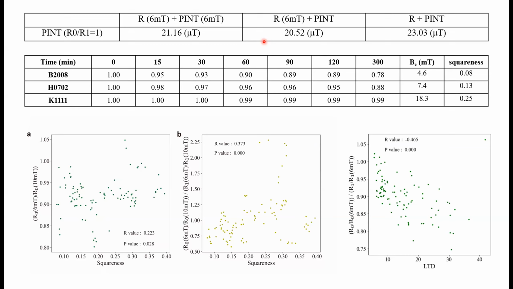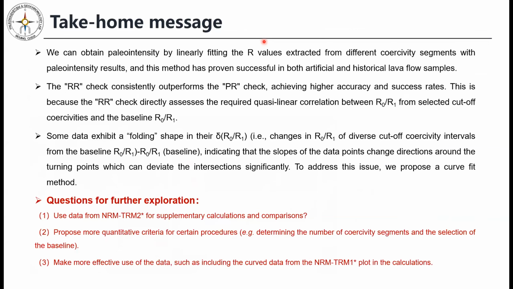And actually, the exact number of results we need to get reasonable intensities is a little bit weak now, and we are exploring these parameters in our recent studies. Yeah, and I also mentioned it in these questions.